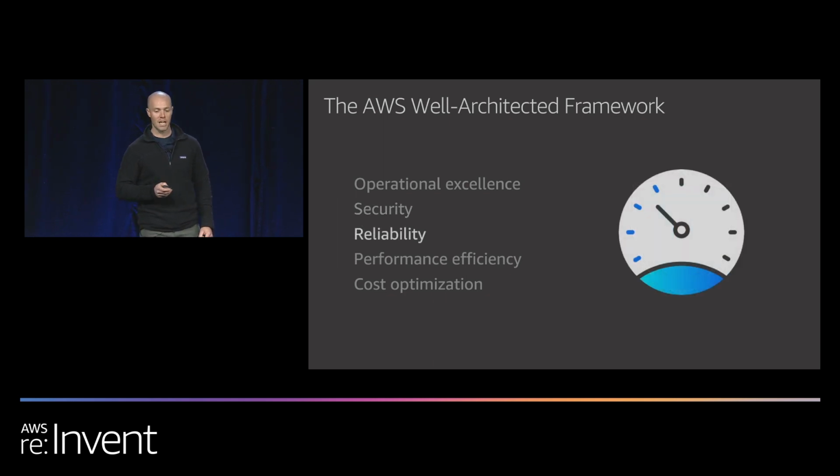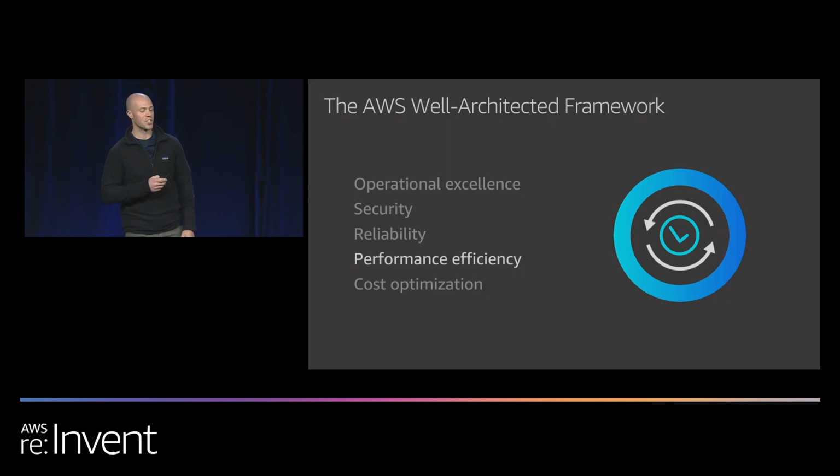The third, reliability, is the ability of a system to recover from infrastructure or service disruptions, dynamically acquire resources to meet demand, and mitigate disruptions, such as misconfigurations or transient network issues.